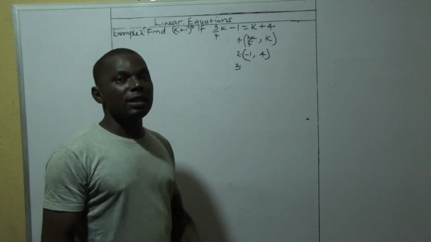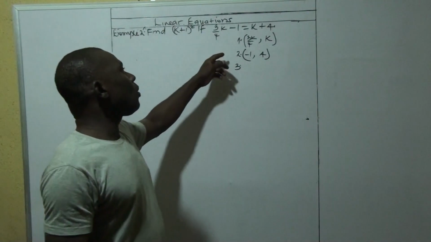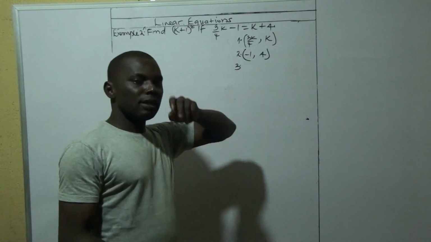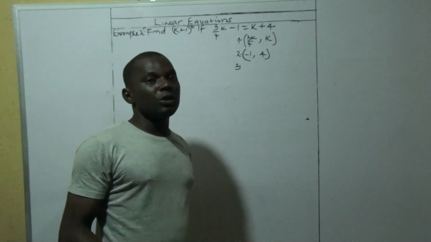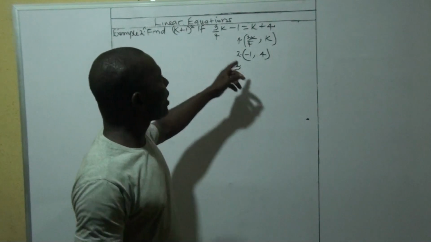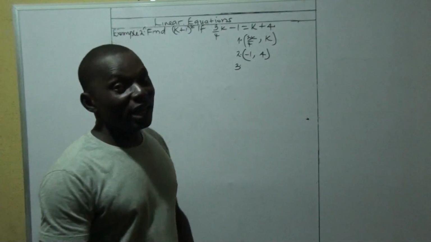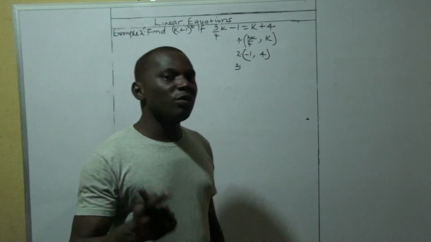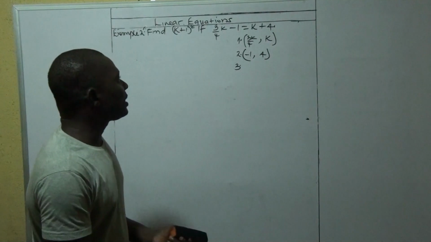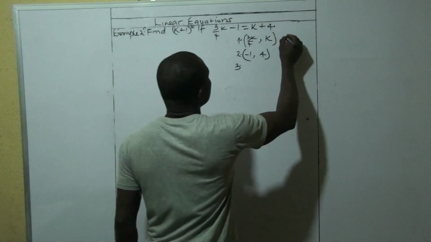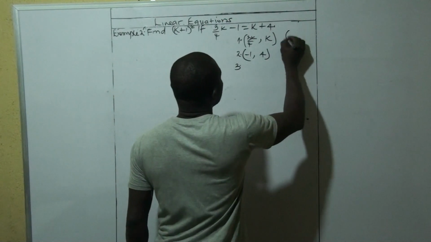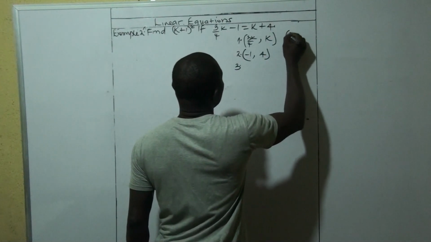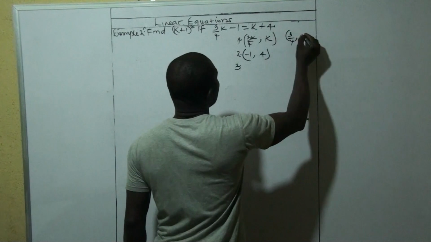And our step 3 says that we should find the smaller one between 3 over 4 k and k. That's where we now have some issue. So between 3 over 4 k and k, which is the smaller one? The coefficient of k here is 3 over 4, and the coefficient of k here is 1.